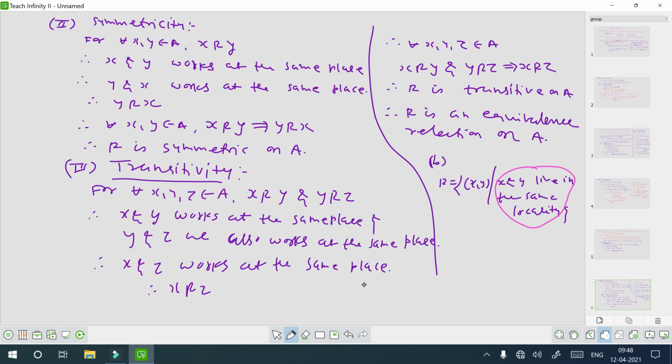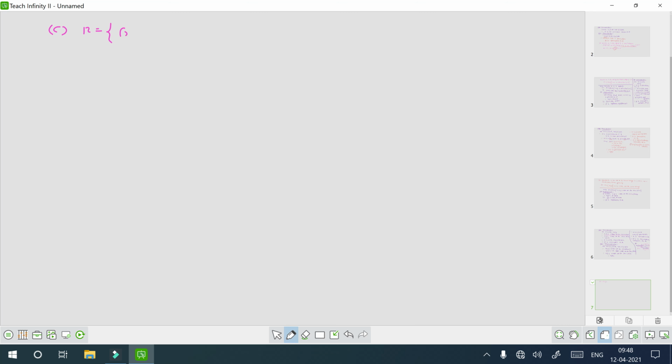Now let us see C part. C part. R is equal to, one more part is given to us, the ordered pair (x, y) such that x is exactly 7 centimeter taller than y.